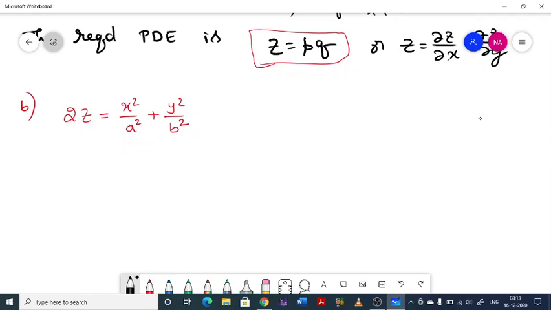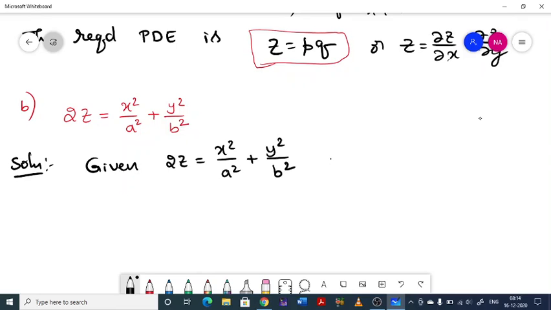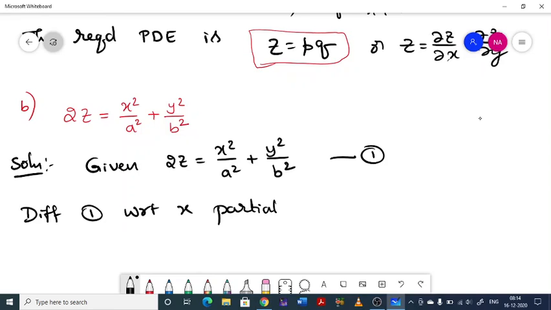Solution: given 2z equal to x square by a square plus y square by b square. Call this as 1. Differentiating 1 with respect to x partially.